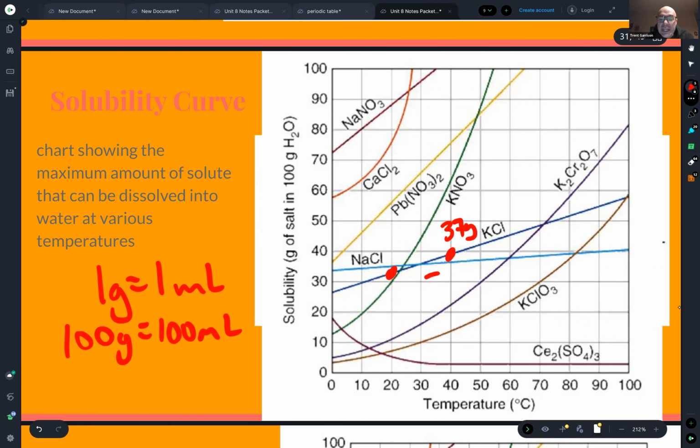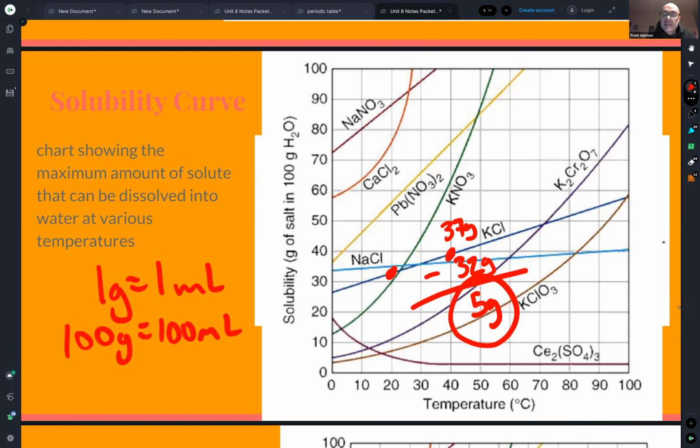At 20 degrees, we are somewhere in the neighborhood of about 32 grams. So if I subtract those two, you would see that I will precipitate 5, because now I still have 37 grams in there, but only 32 of them are able to stay in solution. So we can actually figure out that I would have 5 grams of a precipitant.